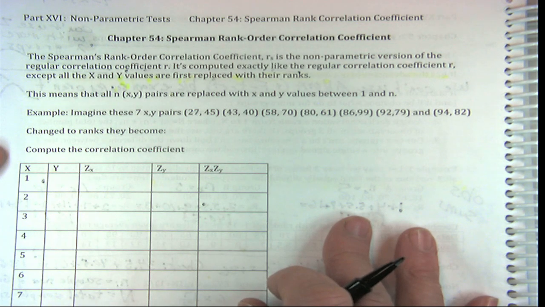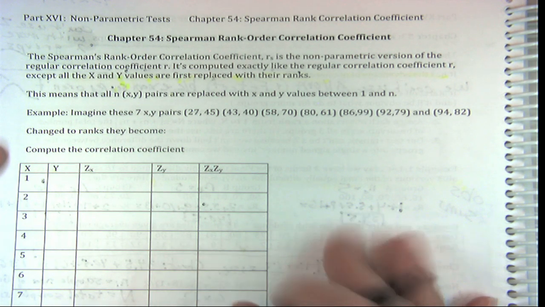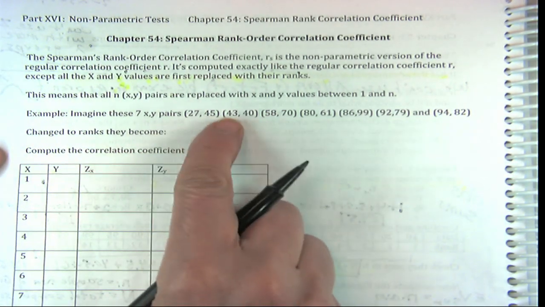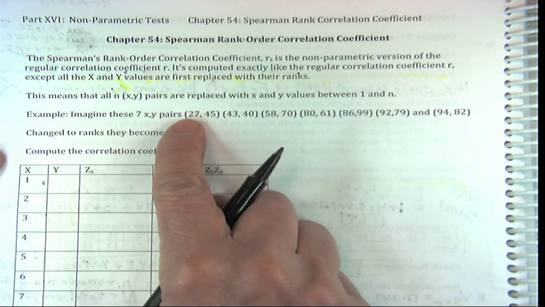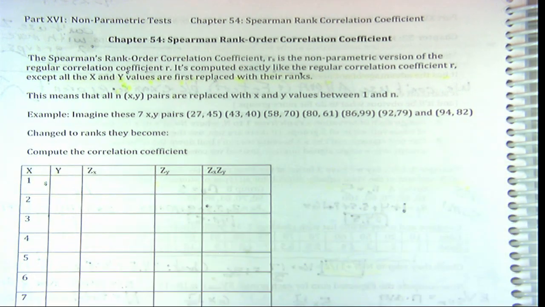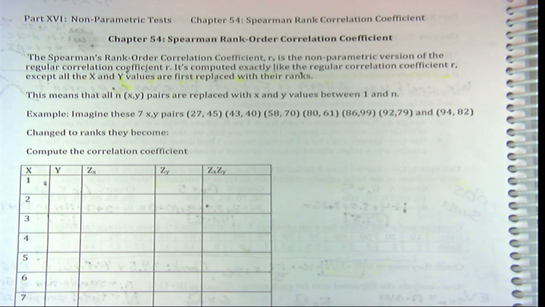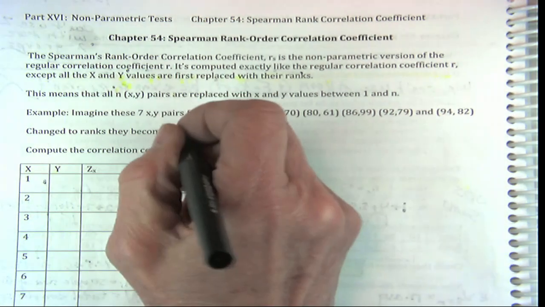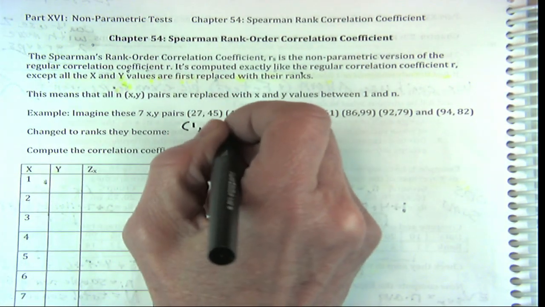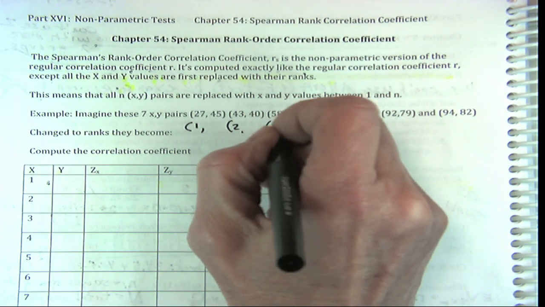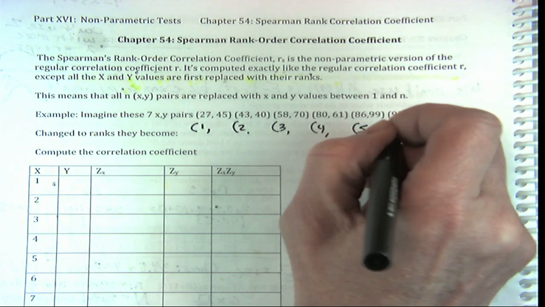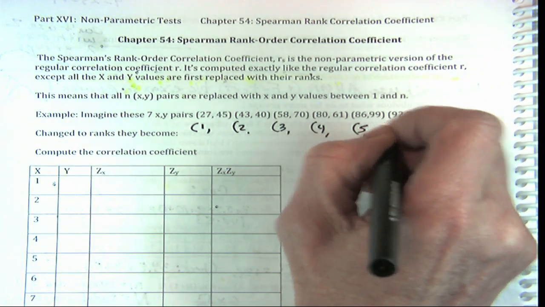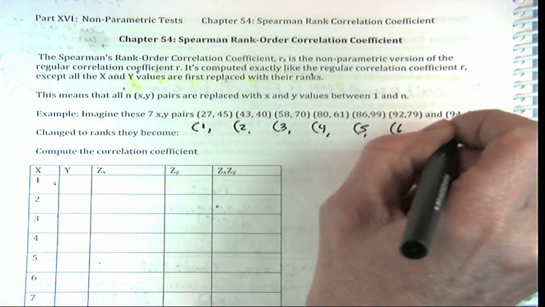And if we change them to ranks, how do we do this? So we look here, I already ordered them so that the x variables go from smallest to largest. So we can just rewrite this as 1, 27 is the smallest, 2, I just put them in this order, 3, 4, 5, 6, and 7.